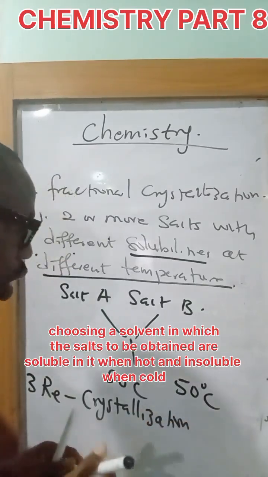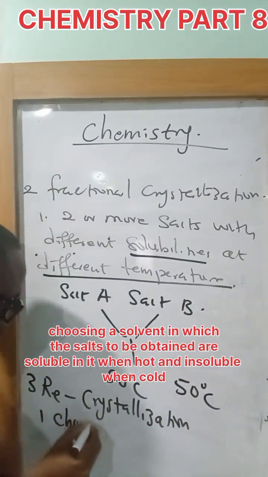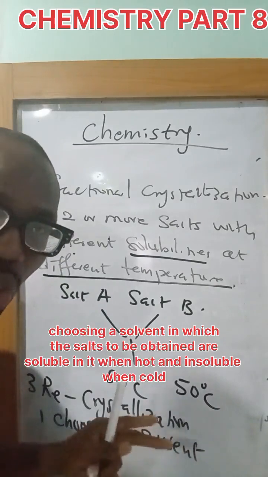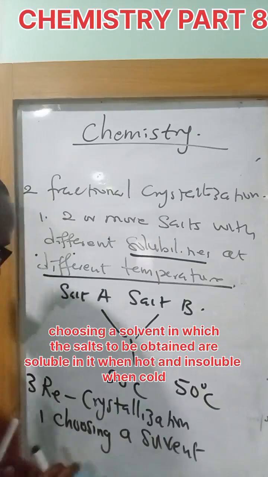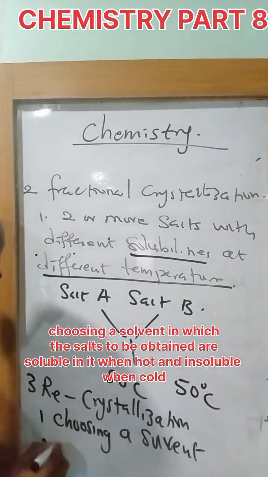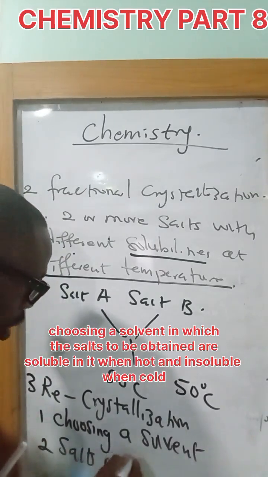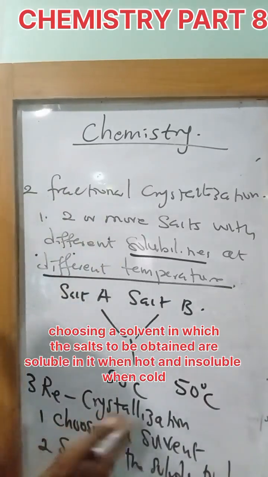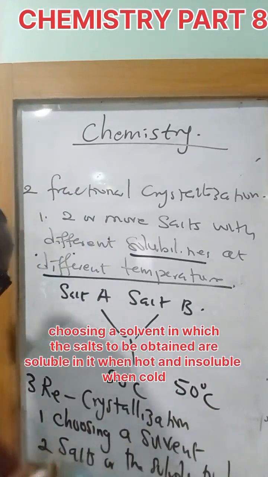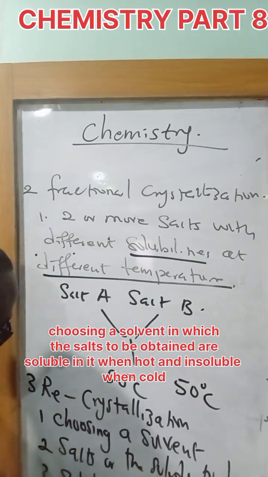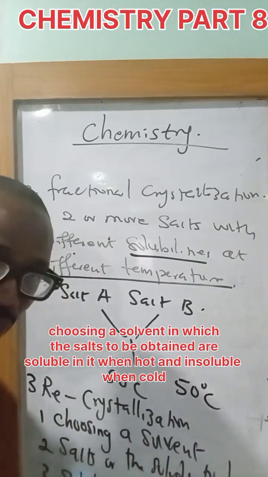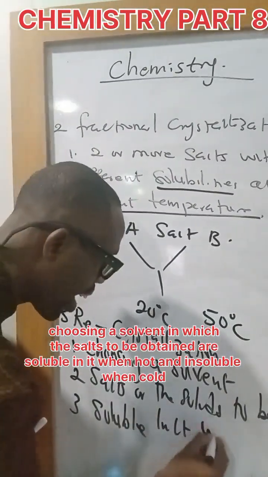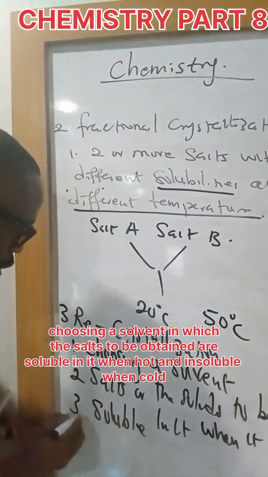Number one, it involves choosing a solvent in which the salts, or the solids to be separated, are soluble. They are soluble in this solvent when it is hot.